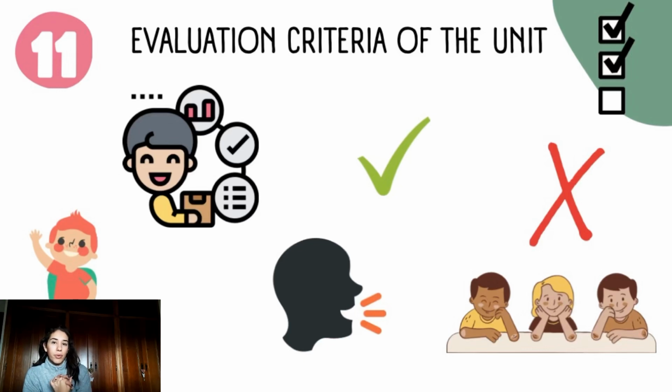The evaluation we will carry out will not be known to the students, as we want to avoid a moment of pressure, and it may also influence them in a negative way. So therefore we will simply correct them when they make a mistake.